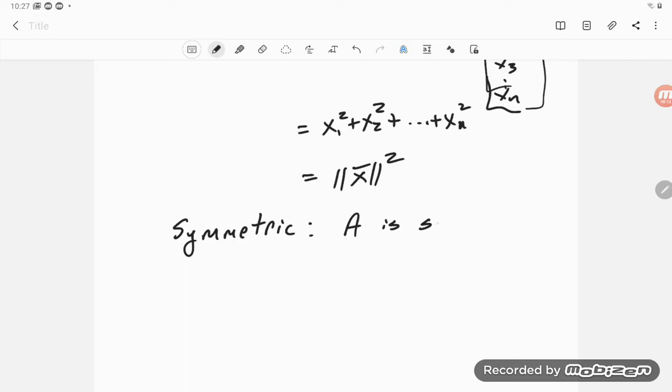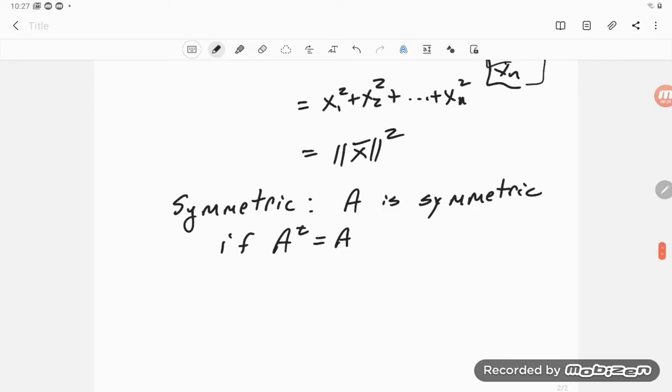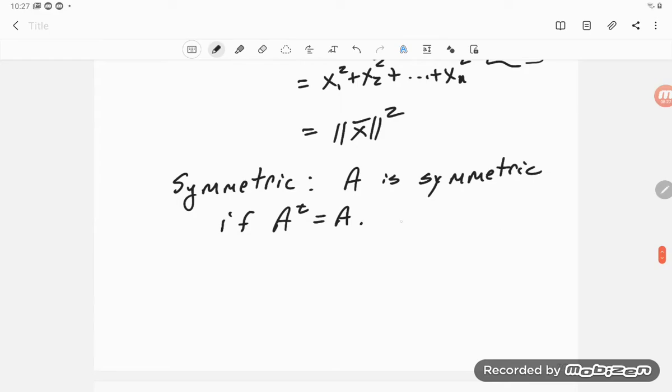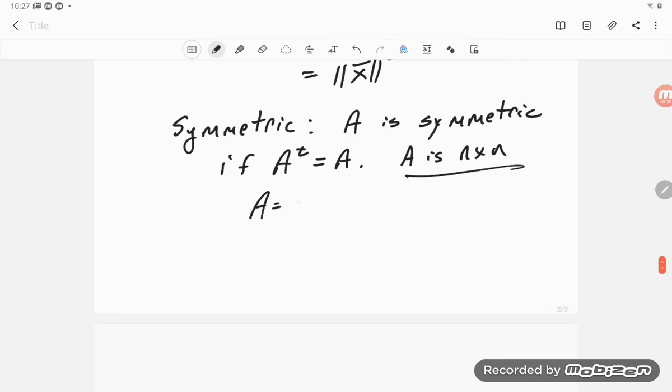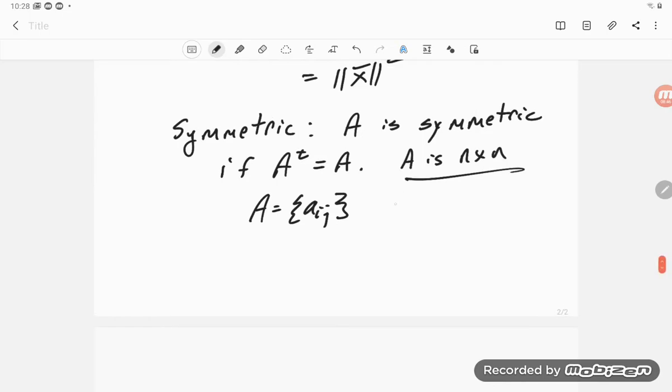A is symmetric if A transpose equals A. Notice what that means: A is square, it's n by n, because otherwise there's no way the transpose could be equal to A. Another way to look at this is that for each component Aij, it's equal to Aji.